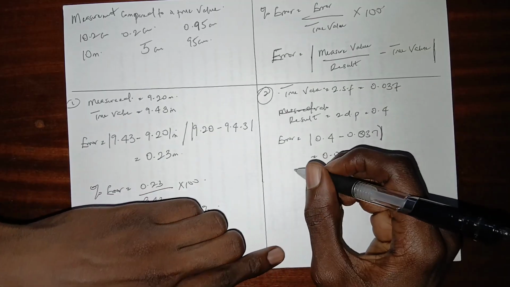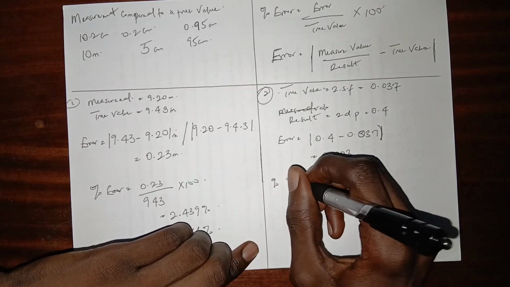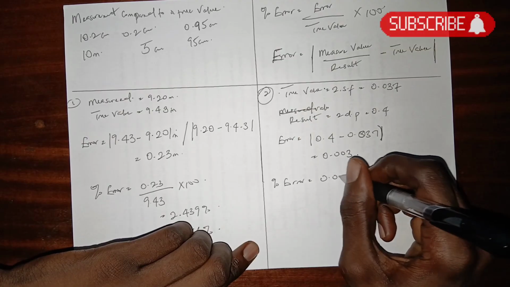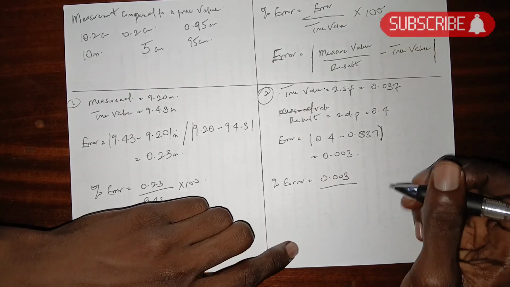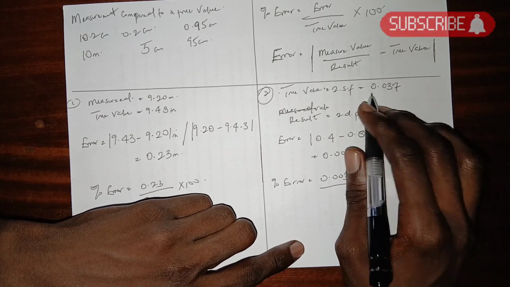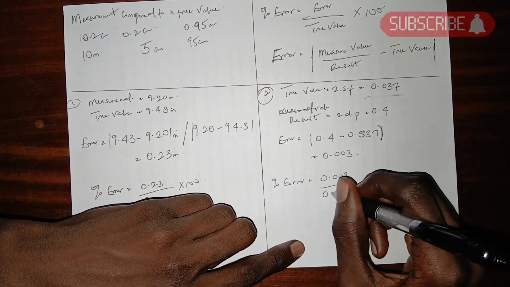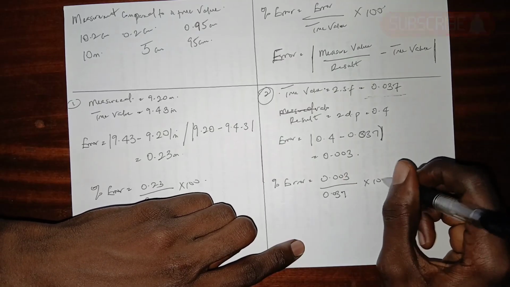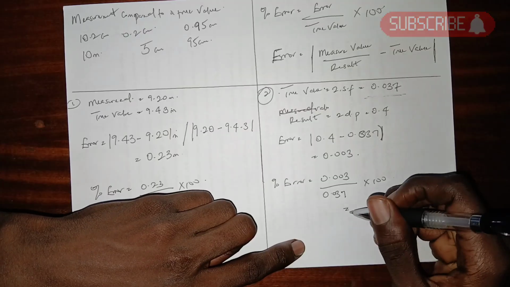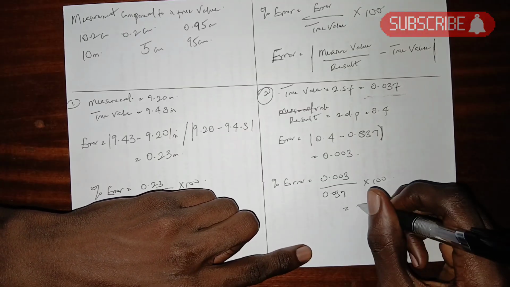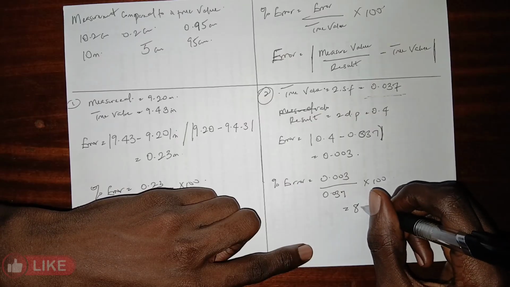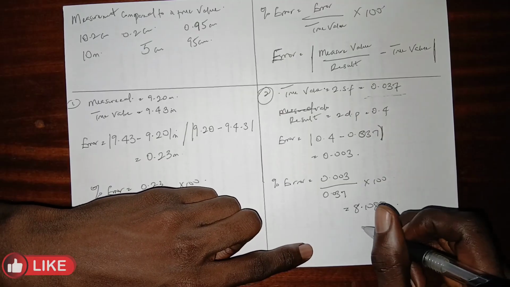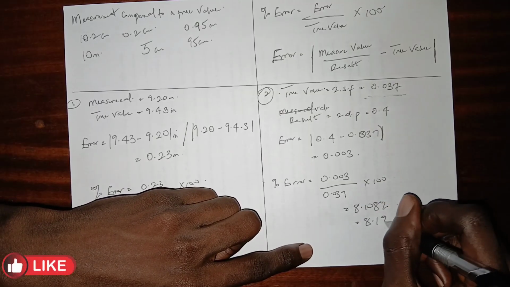Then the formula, putting it back into our percentage error, is 0.003 over our true value, times 100. So our final answer, if you put this into your calculator, is something like 8.108, so roughly 8.1%.